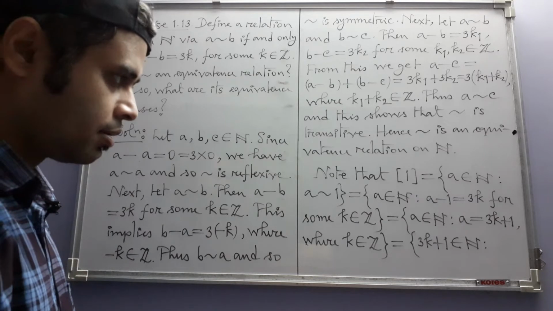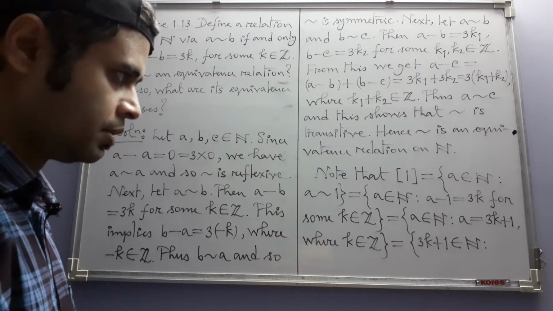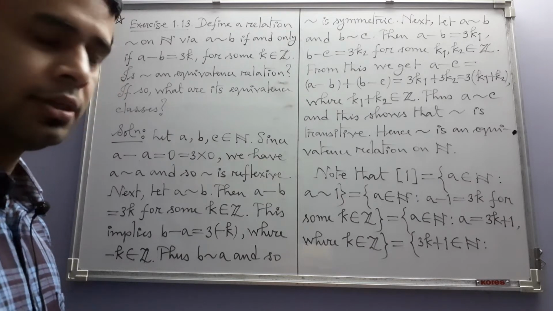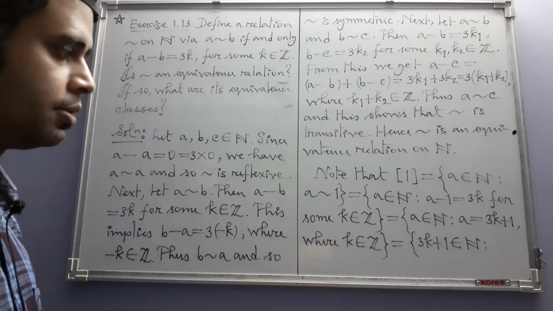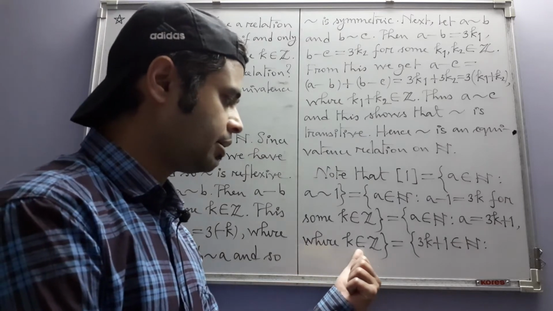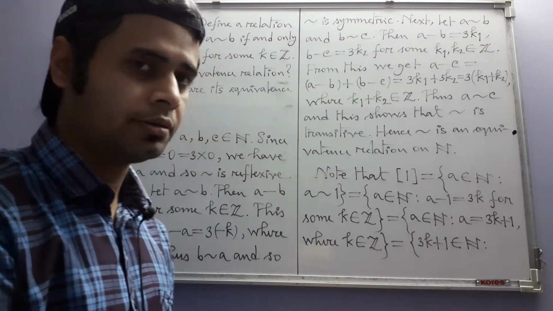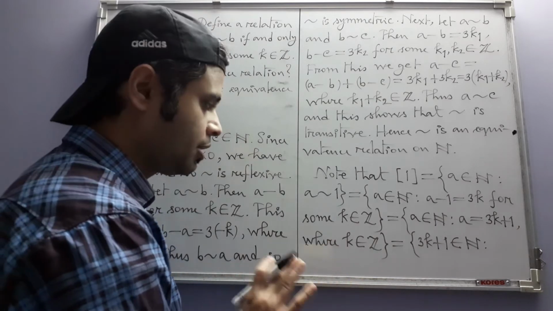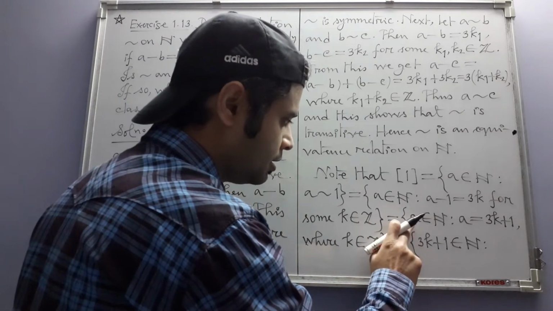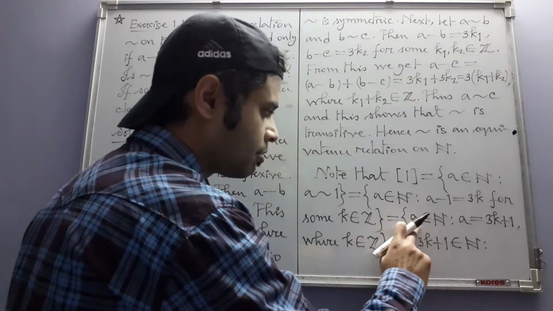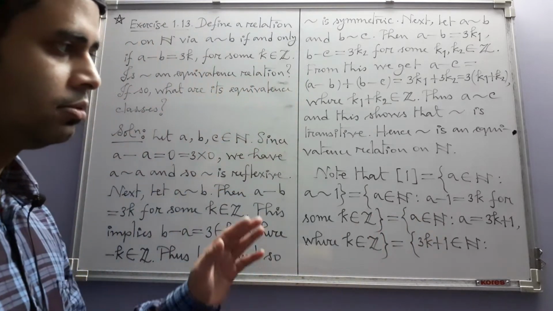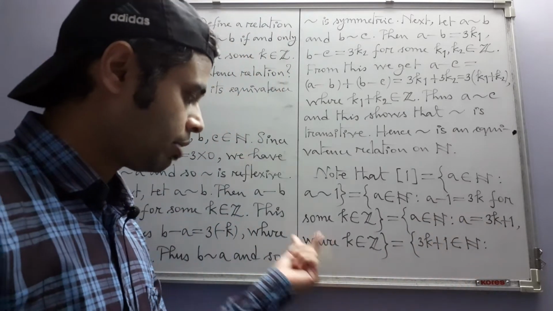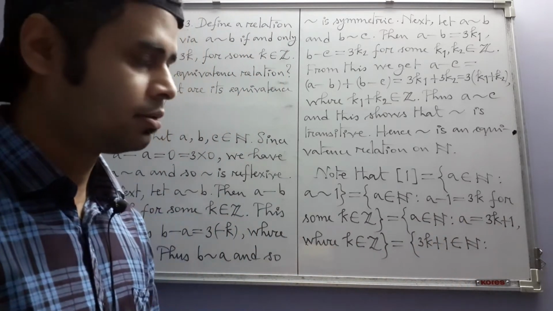Now, because a is a natural number, a cannot be negative, also a cannot be 0. So now you cannot actually take any k. It looks like we have taken any k here, but actually that is not the thing. This is the set of all natural numbers which are of the form 3k plus 1, where k is some integer.